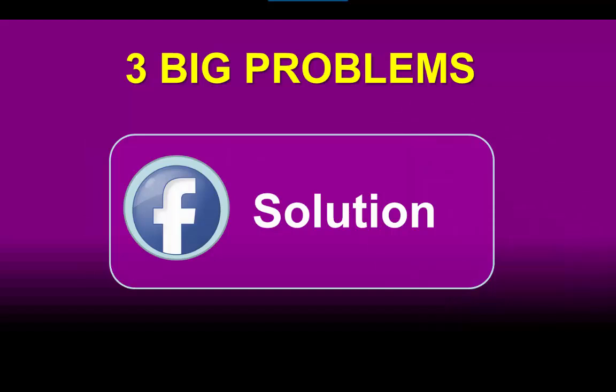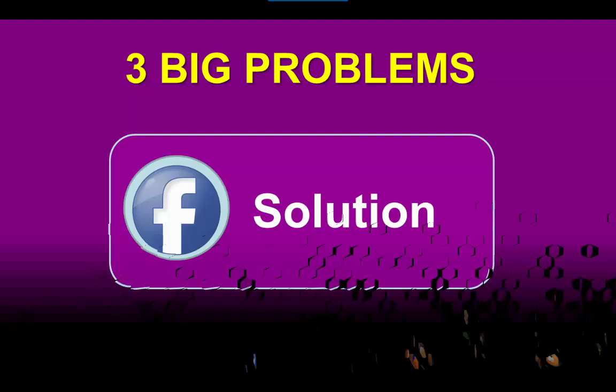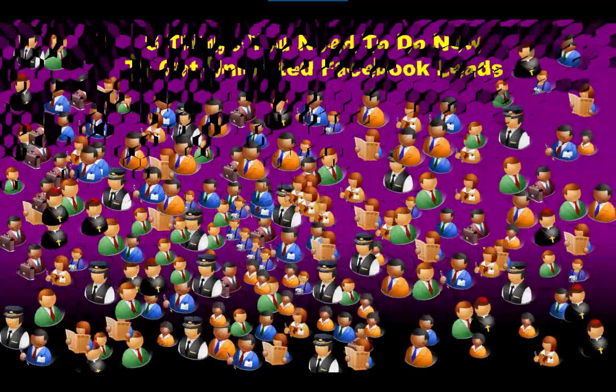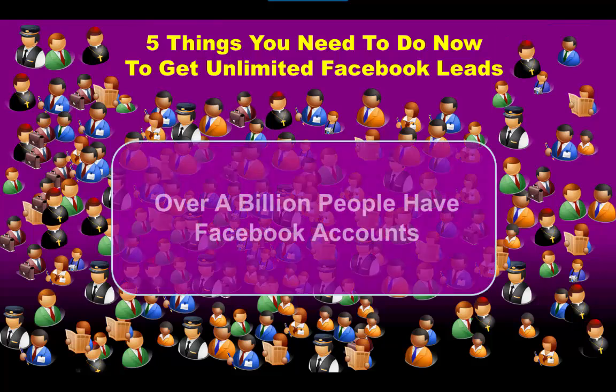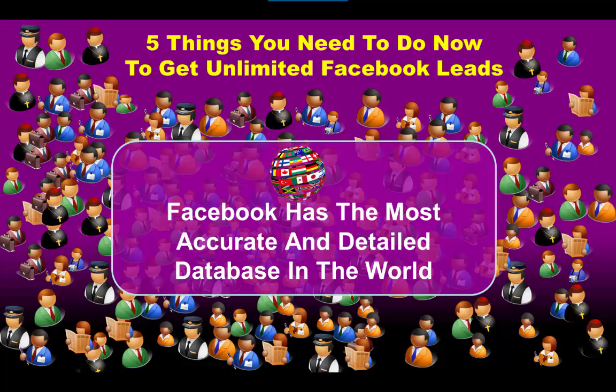Folks, I can tell you now, if you use Facebook, you have found the solution to all of these problems. Now remember, as I told you earlier, over 1 billion people have Facebook accounts. And in the next couple of years, it'll probably be close to 2 billion because they're growing at an astronomical rate every year.